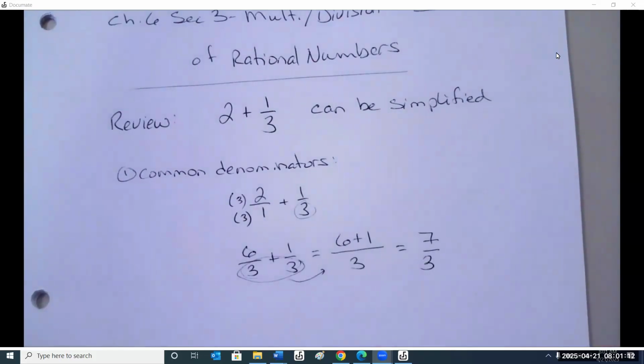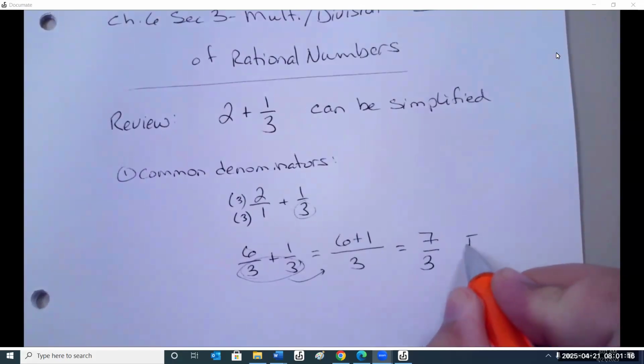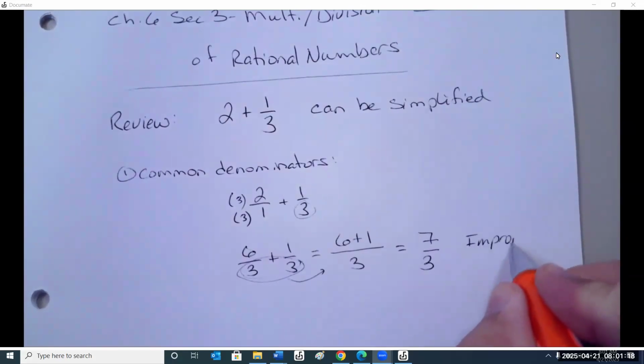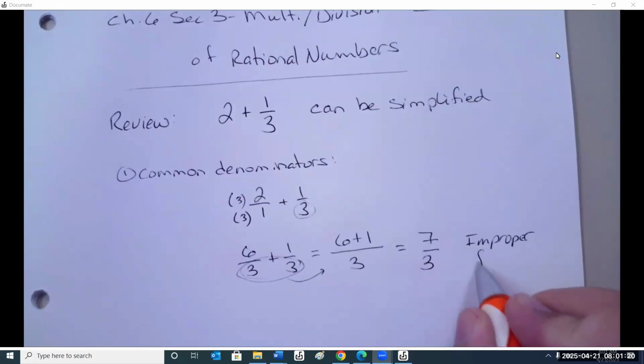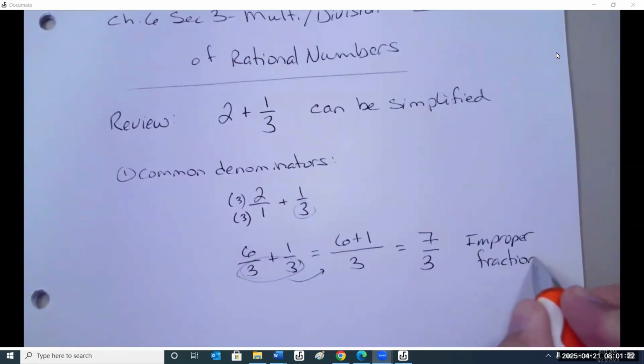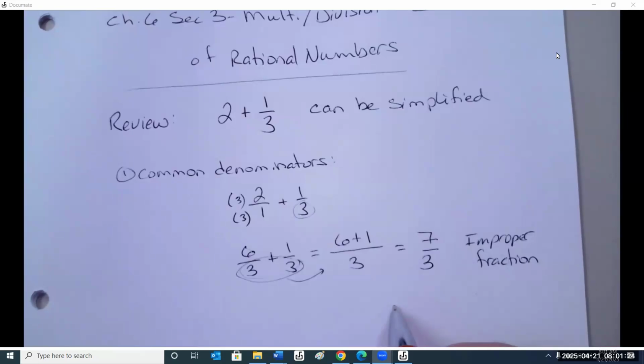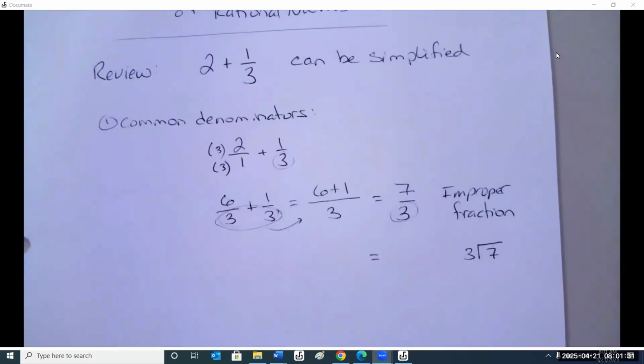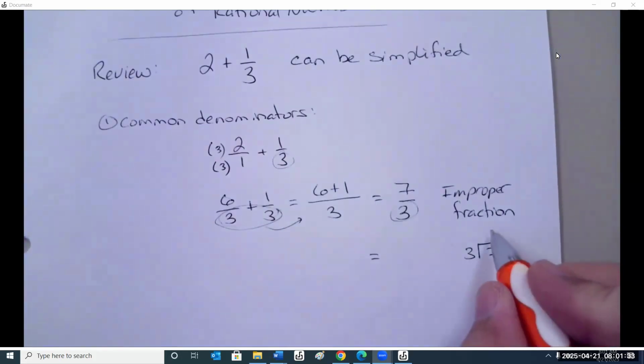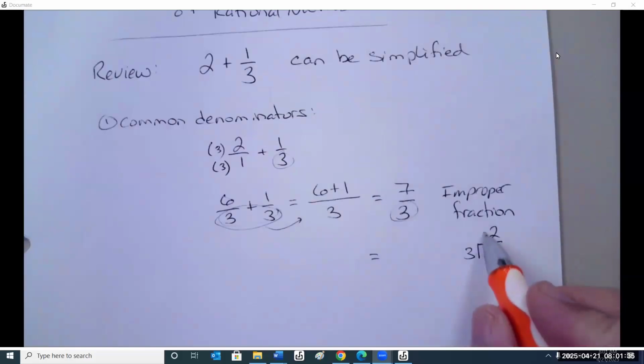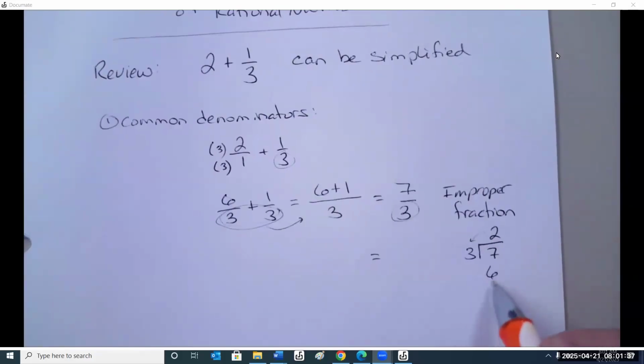But we're not done. Never leave your answer as an improper fraction. So how many times does 3 go into 7? We could do it this way. 3 goes into 7 twice. 2 times 3 equals 6.